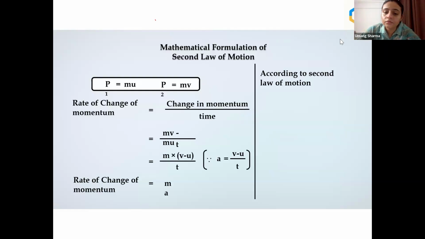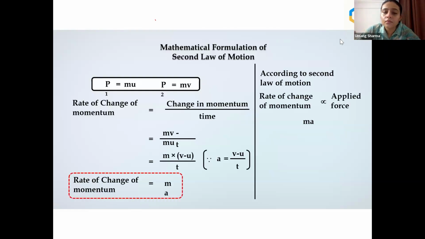Anybody remember? Yes, K was constant. Thank you, Lavanya. Thank you, Mehak. So this is what we did in the previous class.